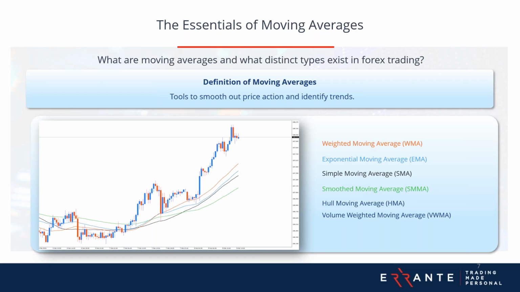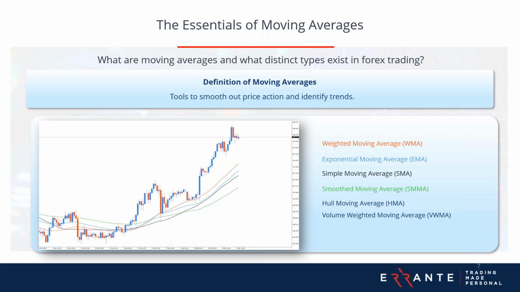And also the weighted moving average and smoothed moving average offer alternative approaches, with the WMA focusing on particular time periods more significantly, and the SMMA, or smoothed moving average, providing a more comprehensive view by smoothing out price data over a larger set of points.